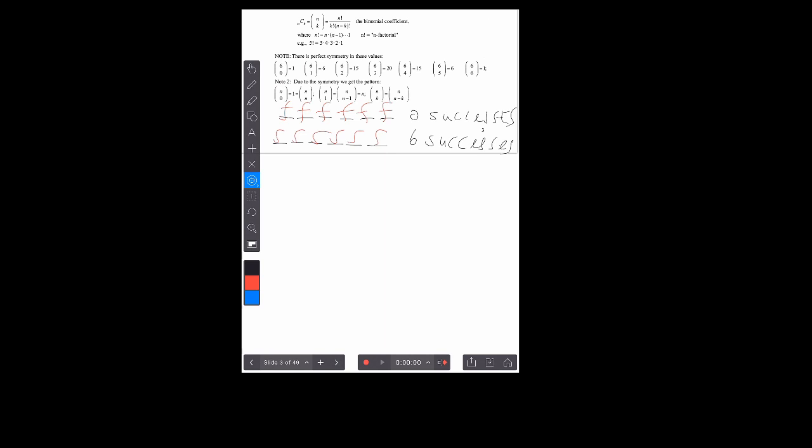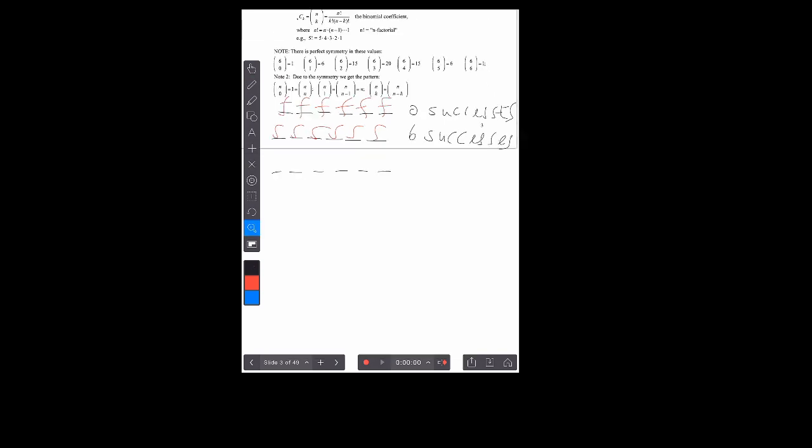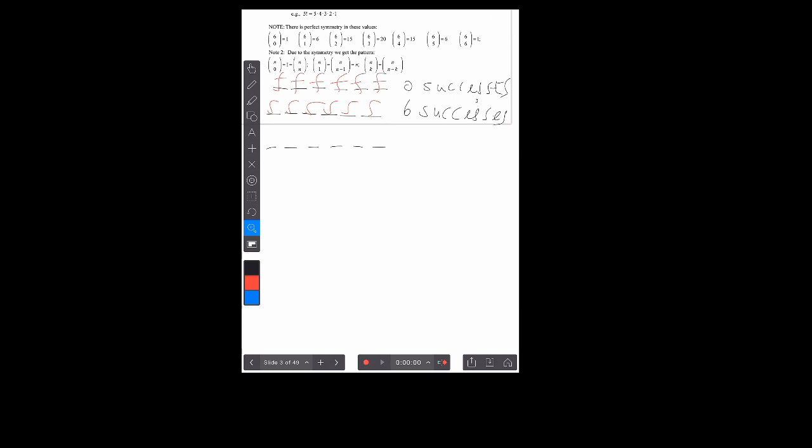Next, what about 6 choose 1 and 6 choose 5? Those are the same answer too. How can we remember that? Well, do the same thing. Let's say there's 6 spots, 1, 2, 3, 4, 5, 6 possible outcomes. 1 success, and the rest are failures.